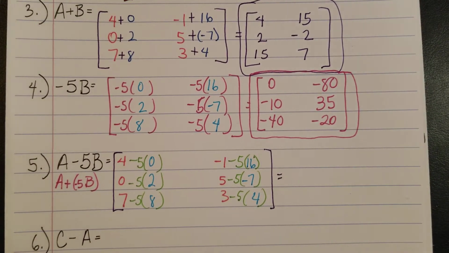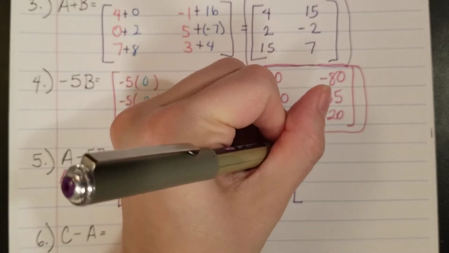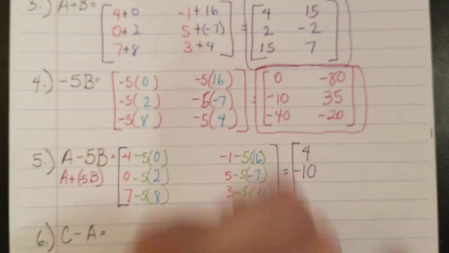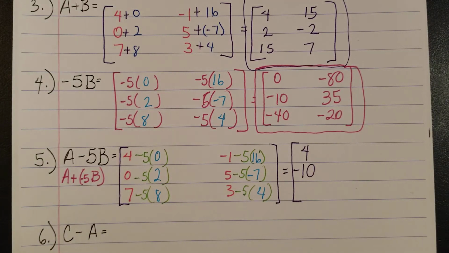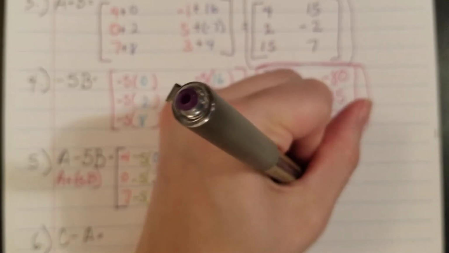So basically that's 4 minus 0 is 4. And then 0 minus 10 is negative 10. 7 minus 40 would be negative 33.